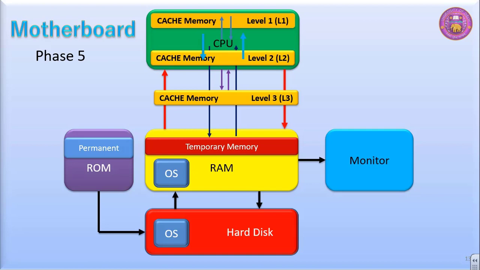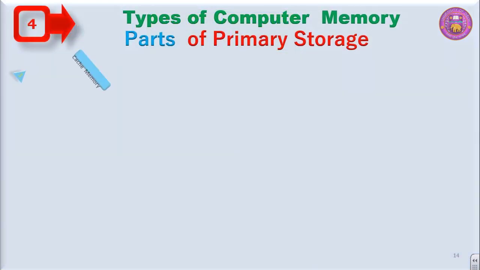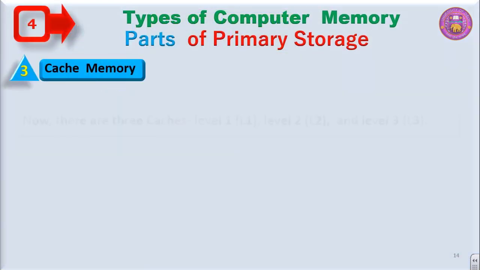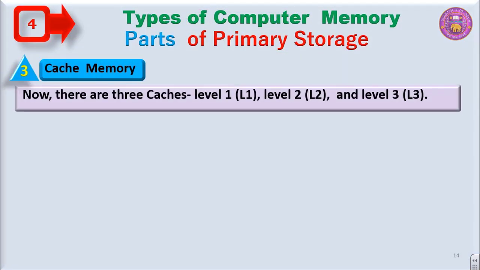At present we find that L1 and L2 are built into the CPU, and there is one more memory installed on the motherboard, that is L3. Now there are three caches: level 1 L1, level 2 L2 and level 3 L3.